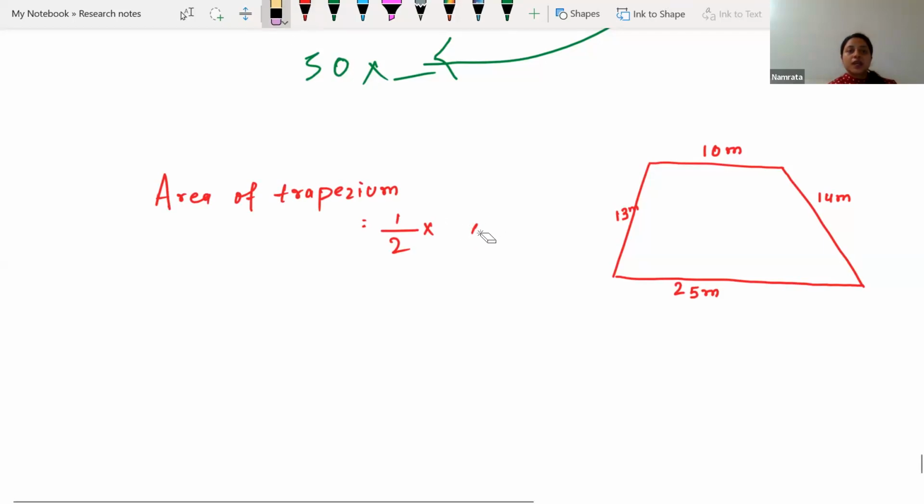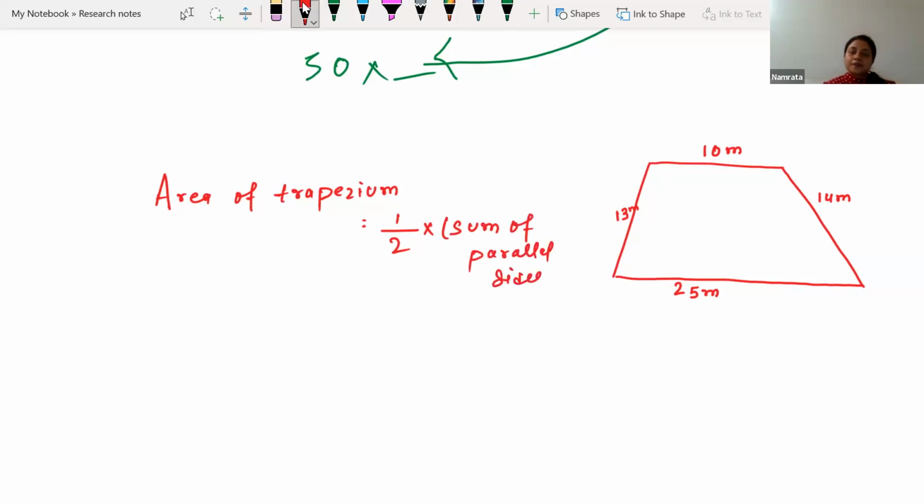So 1/2 times sum of parallel sides times height. If we are having a trapezium ABCD, we already know AB is parallel to CD. So sum of parallel sides, it's very simple to do, add 10 and 25.